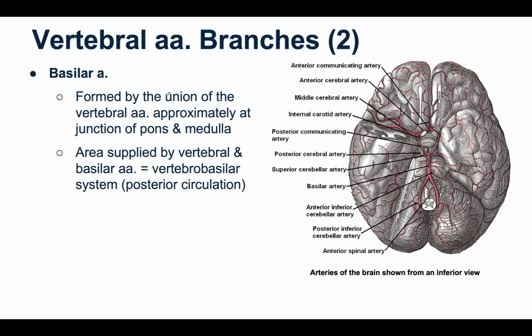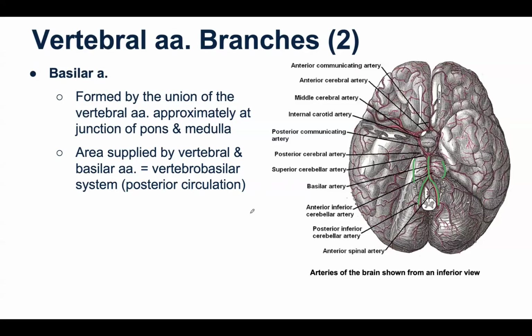As mentioned before, the two vertebral arteries will join around the junction of the medulla oblongata and pons to form the basilar artery. So you can see the vertebral arteries coming together to form the basilar. And that basilar artery is going to run in close approximation to the pons portion of the brainstem.